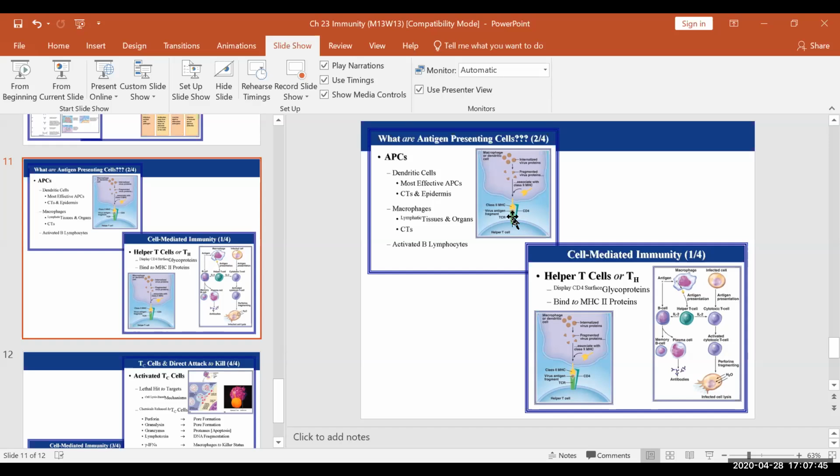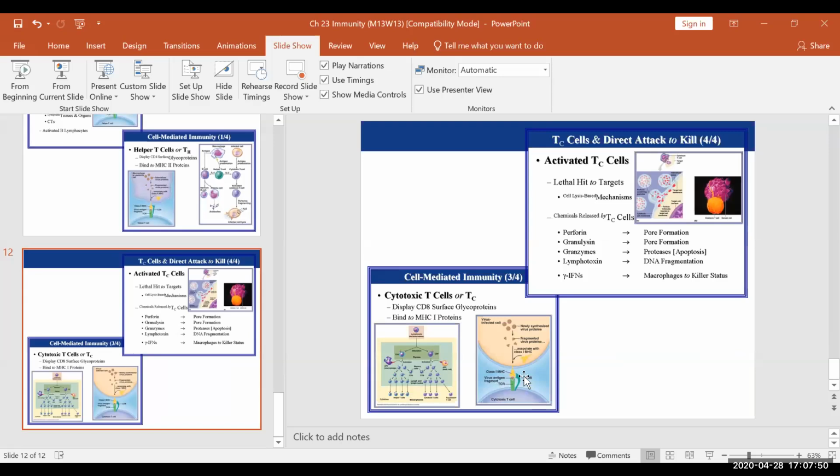Okay? We have the same concept for the cytotoxic T cell down here. You have the cytotoxic T cell, another type of T cell receptor, and now we have the CD8 surface protein. So the TCR of the cytotoxic T cell displays CD8, and the CD8 interacts with class 1, right? CD4 interacts with class 2, CD8 interacts with class 1 surface protein with the antigen.